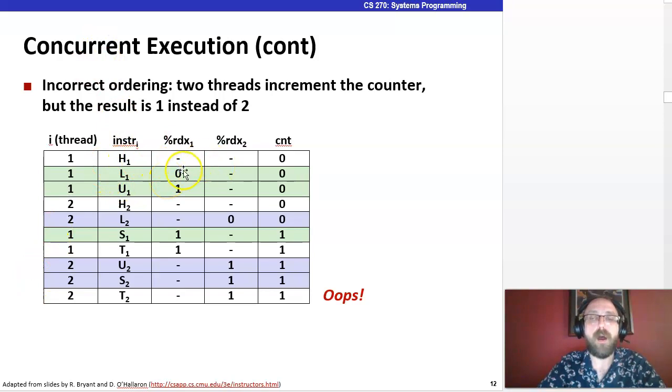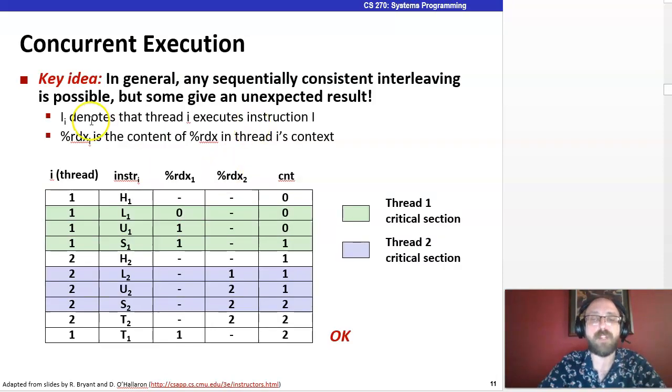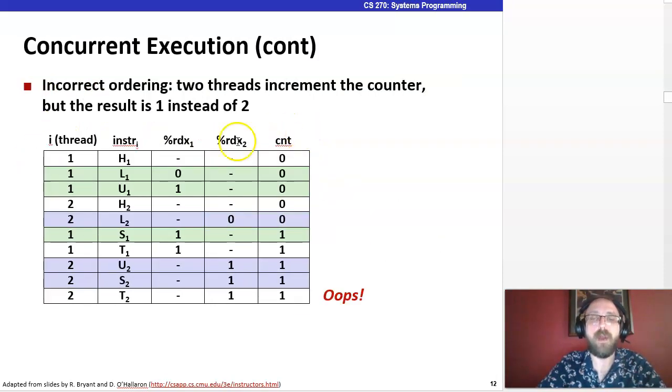RDX here is going to be the value of this local register. And we have 2 of those because we have 2 different threads. They have their own copies of the register. So this is the register that we load the value from count into, that we increment, and that we store back into the count. We only have 1 instance of count, though.